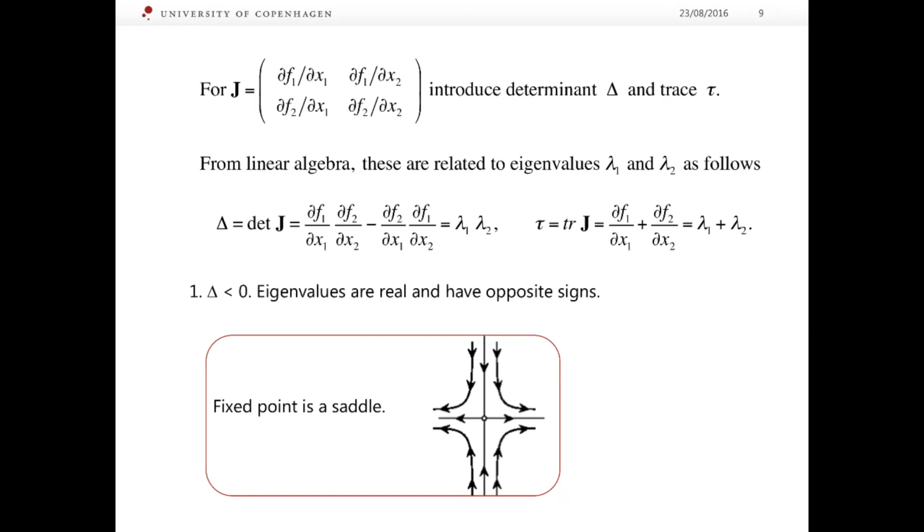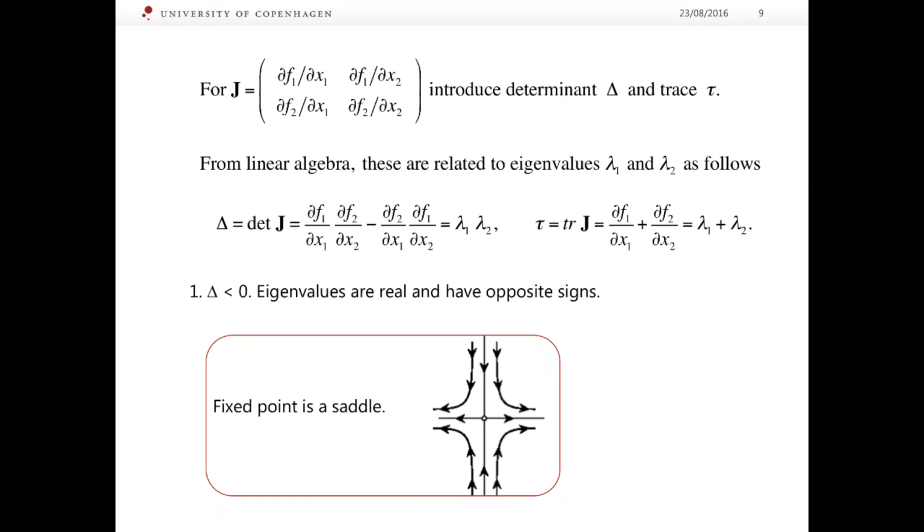Now, if we set initial conditions at some small distance from the fixed point, and suppose we start close to the stable manifold in the upper part of this figure. Initially, the phase trajectory will loosely follow the stable manifold, and thus it will be approaching the fixed point.